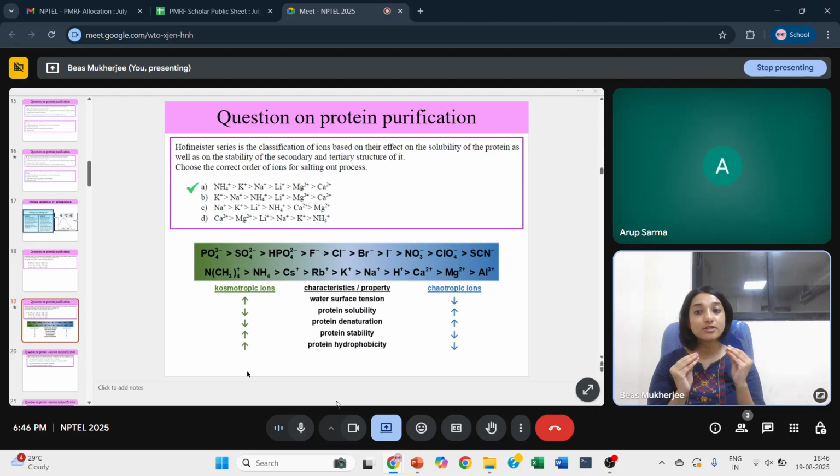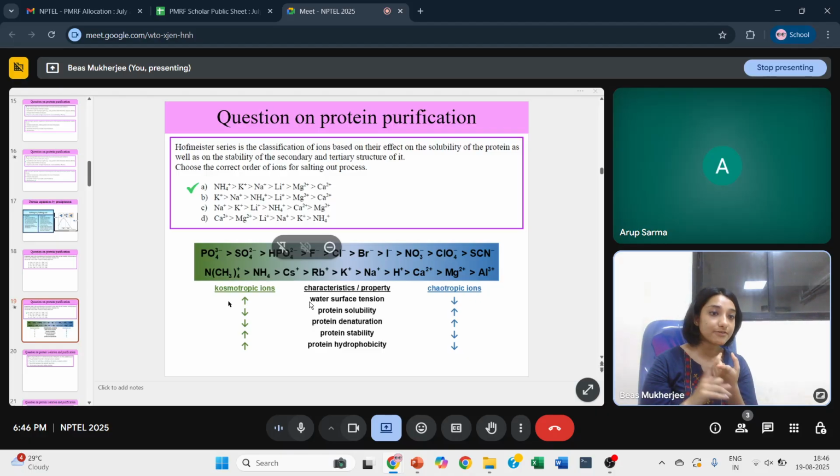And the salts that decrease protein solubility are, one, second. So see, the salts that are increasing surface tension of water, decreasing protein solubility, decreasing protein denaturation, increasing protein stability and increasing protein hydrophobicity, these are called cosmotropes.